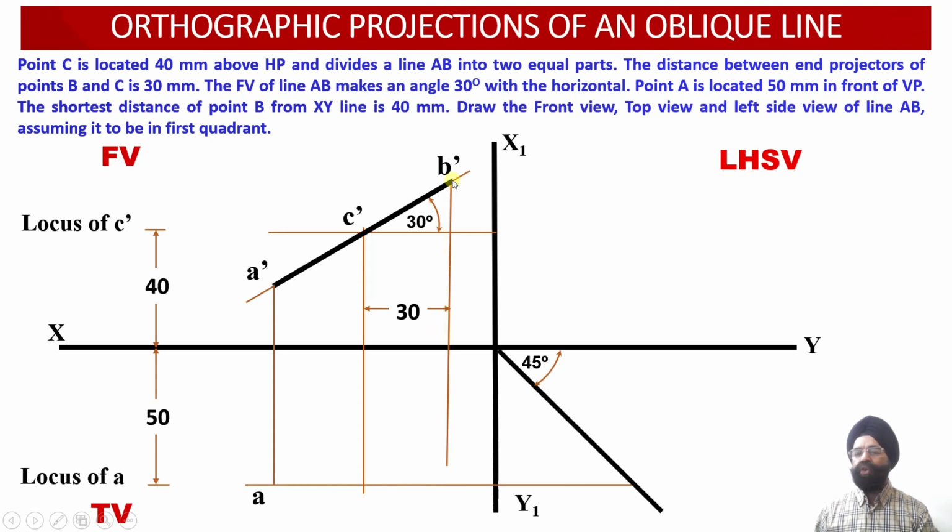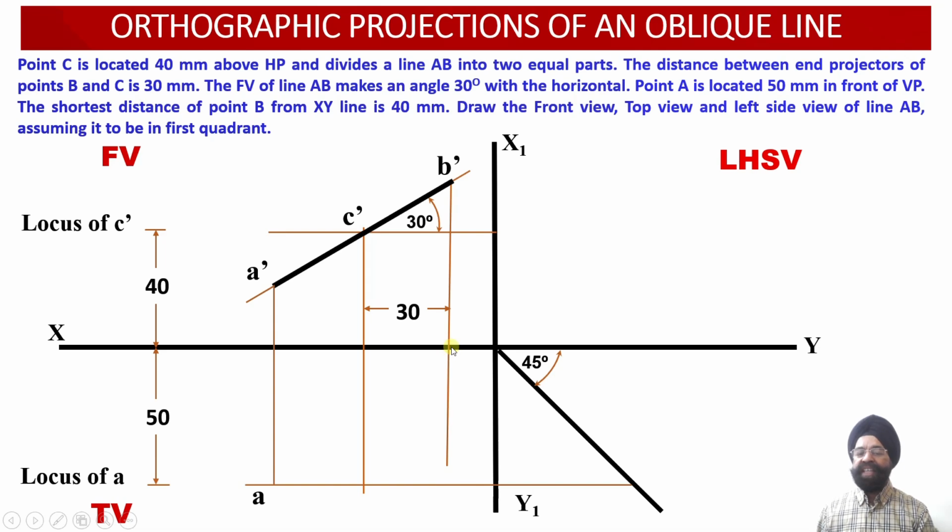This will work out to be either 50 or 55 millimeter, whatever it works out to be. But certainly the distance of the front view elevation projection of the point B dash with respect to the horizontal plane is greater than 40 millimeters.